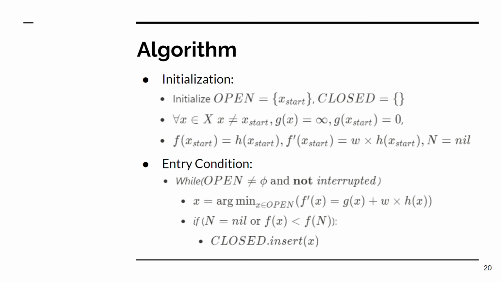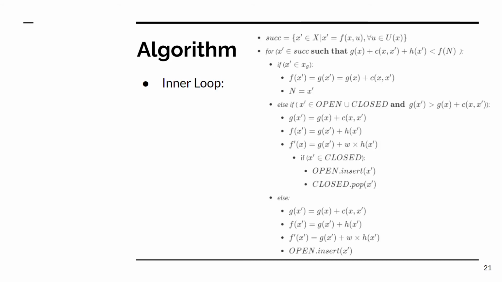The given node is inserted into the closed list, then we move into the inner loop. In the first line you can see we find the immediate successors of the given node, and then we consider each of these successors such that the value of the function as shown here is less than the previously found solution's f value.